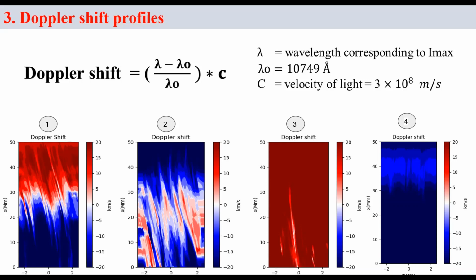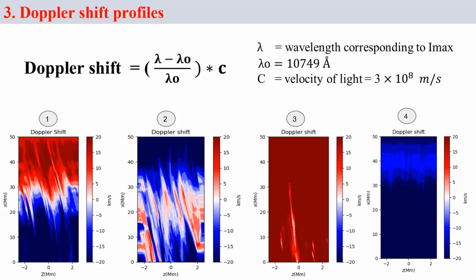This line of sight variation may also lead to changes in the Doppler shift. In the first data set, there is a very clear indication of blue shift and red shift, which you can differentiate. A part of the waves is moving towards the observer and the rest is moving away from the observer. That's what you see as blue and red shift, and I'm sure you understand what red shift and blue shift are.